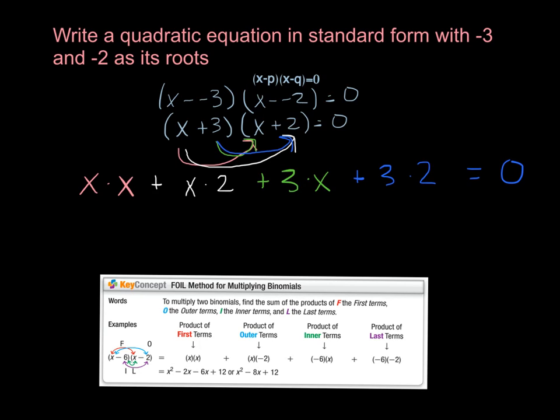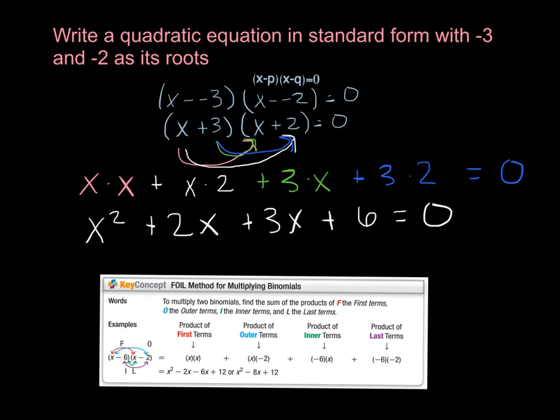So when we have x times x, we get x squared. We get x times 2, we can just write that as 2x, right? Then we have plus 3x plus 3 times 2 is 6 equals 0. If we look in here, are there any like terms that we can combine? Here we have 2x and here we have 3x, so we can combine those.